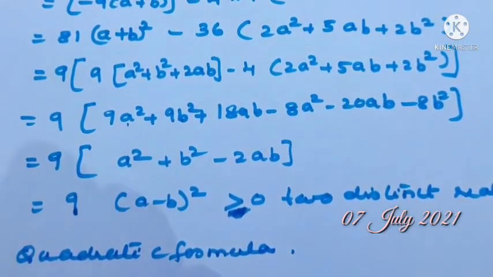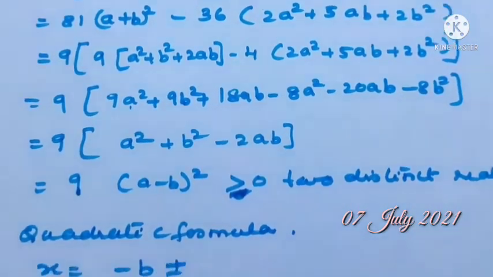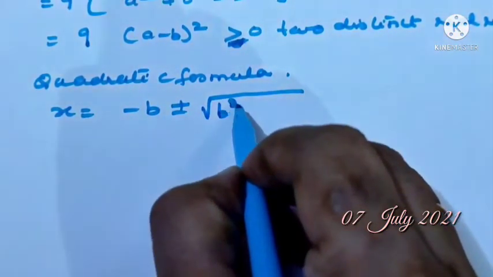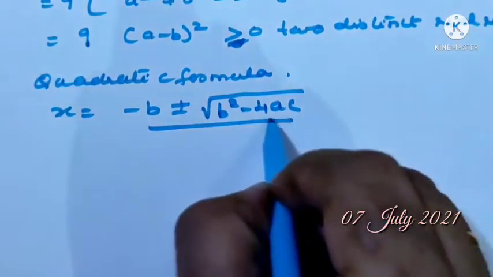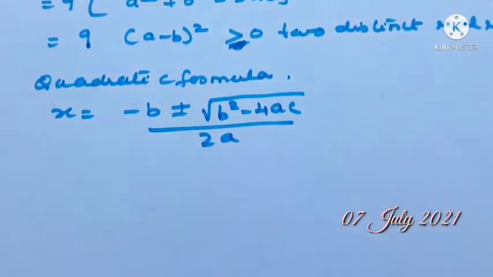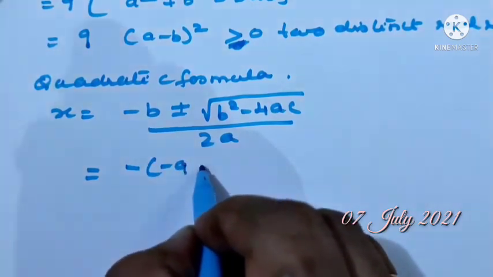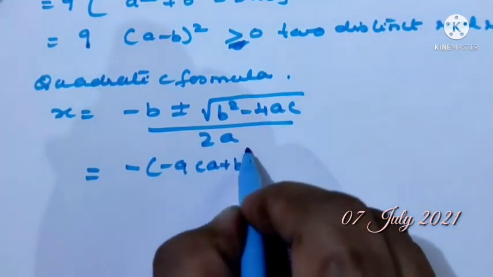x equal to minus b plus or minus, what is the formula? Plus or minus root of b square minus 4ac divided by 2a. So here we have already calculated b square minus 4ac also. Minus b means minus of minus 9 into (a plus b).